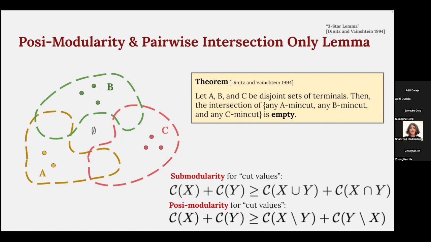The proof looks like this: you consider A minus C and A minus B, and this part will also be a Mincut. The same holds for B and for C. Then you count the contribution of some edge from the middle to somewhere else.